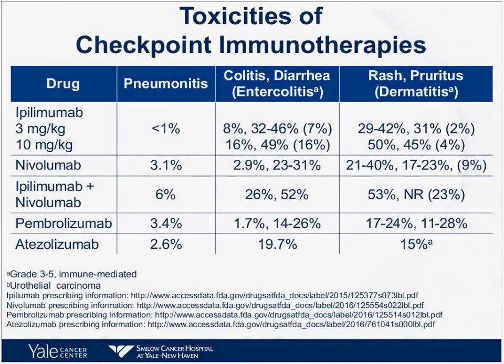And this data is all pulled from the prescribing information for each of these drugs. You can see that there is a slightly increased risk of developing enterocolitis and dermatitis in the combination arm of the ipilimumab and nivolumab arm in this particular chart.